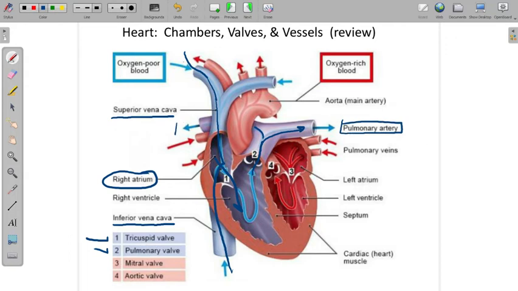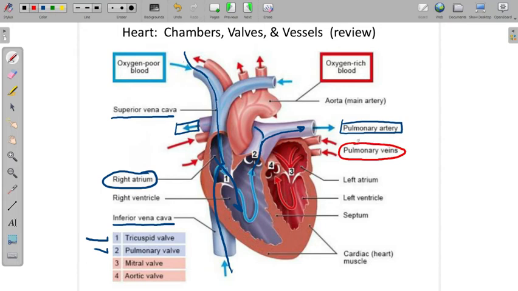And those are going to the lungs. Goes to the lungs, exchange gases, gets rid of CO2, picks up oxygen, comes back from the lungs, and we come back through the pulmonary veins.